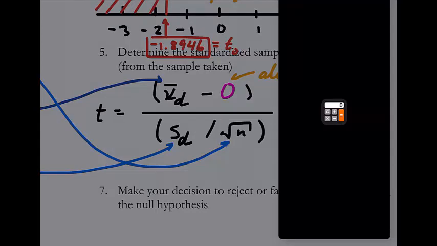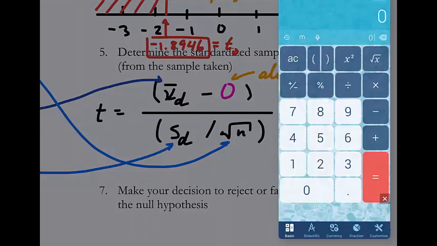We'll start off with parentheses for the numerator. Obviously you don't have to, because you're subtracting 0, but in this case we've got negative 3.125 minus 0, close parentheses.